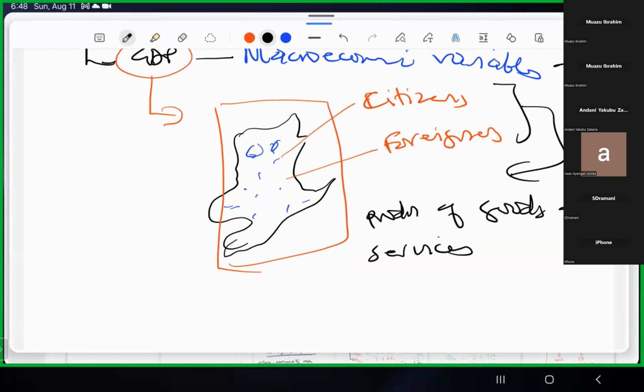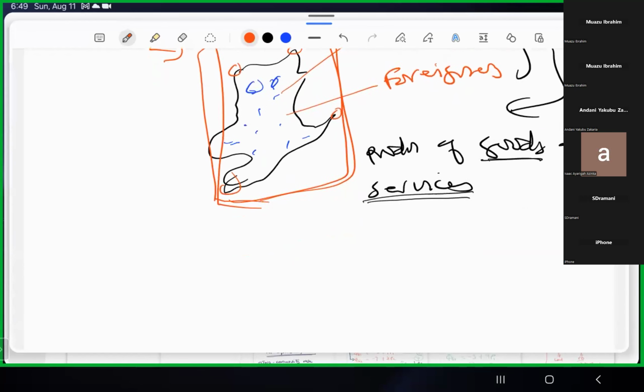So all the foreigners that you find, the Chinese, the Lebanese, the Indians, whoever is in Ghana producing, contribute to Ghana's goods and services. Now, when you put together all the production of goods and services done within the four walls of the country, you will get what is called the GDP.